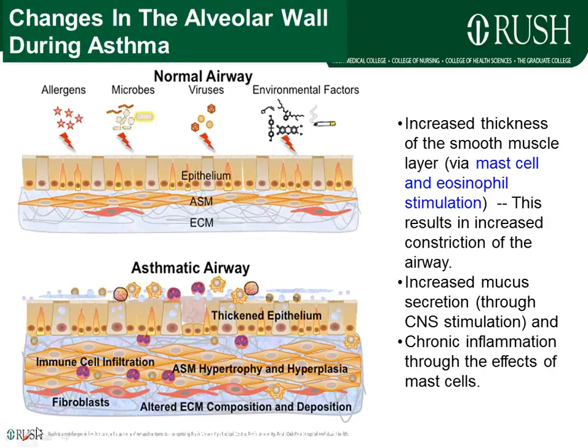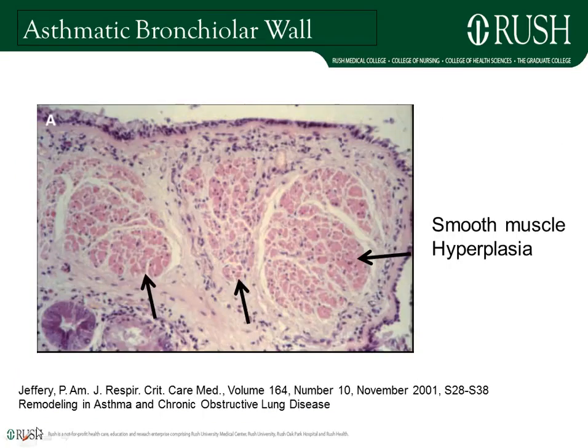There's inflammatory cells and chronic inflammation due to mast cell secretions in the underlying connective tissue that affect both that connective tissue and the epithelium that overlies it. What does that look like? Well, here's a nice image showing the really large bundles of smooth muscle in an asthmatic bronchiolar wall.